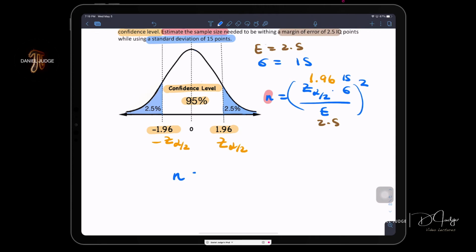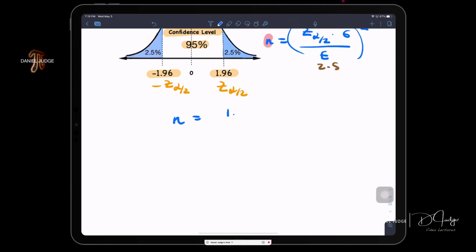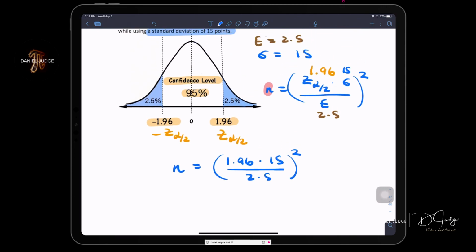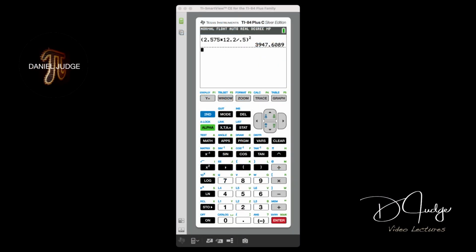So the sample size that's needed will be 1.96 times 15 over 2.5. Make sure we square that. So you're going to use that formula. Parentheses, 1.96 times 15 divided by 2.5.